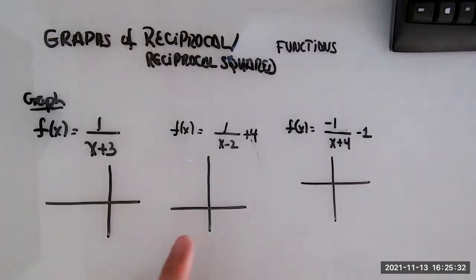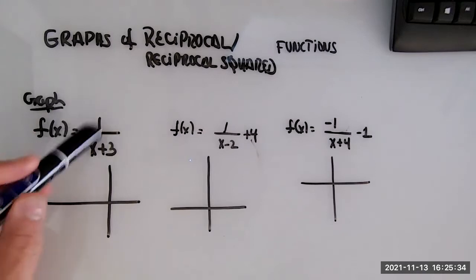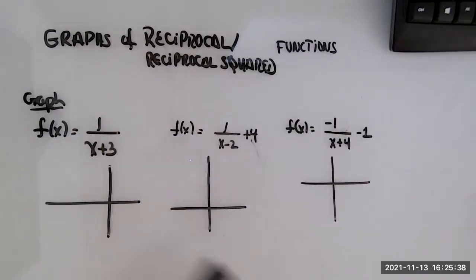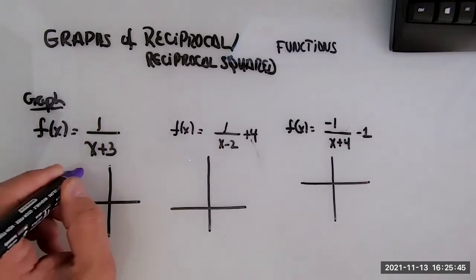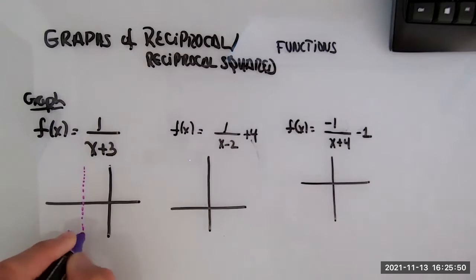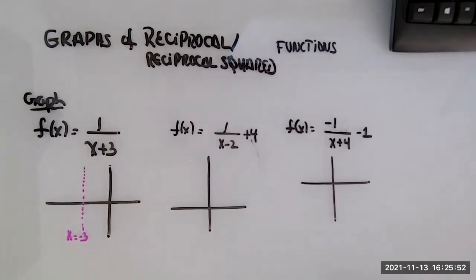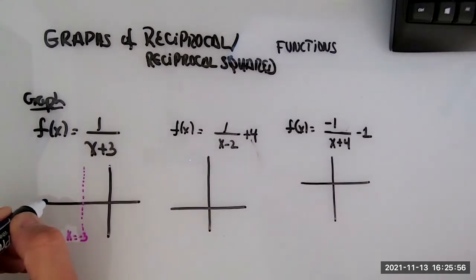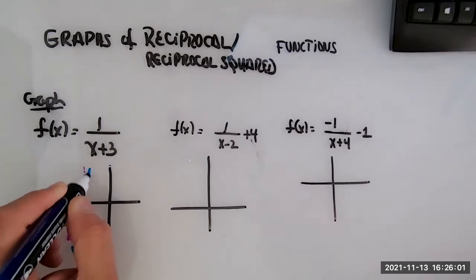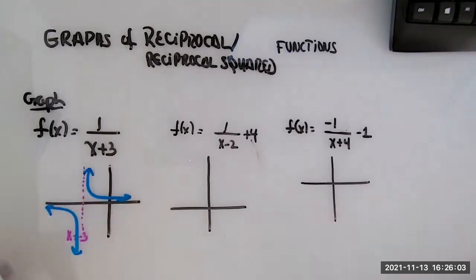Let's look at the graph of these three functions. The first one, 1 over x plus 3. Since I'm adding 3 to the input, this function shifts 3 units to the left. So this is indeed my asymptote, x equals negative 3. And the function will be here and here.